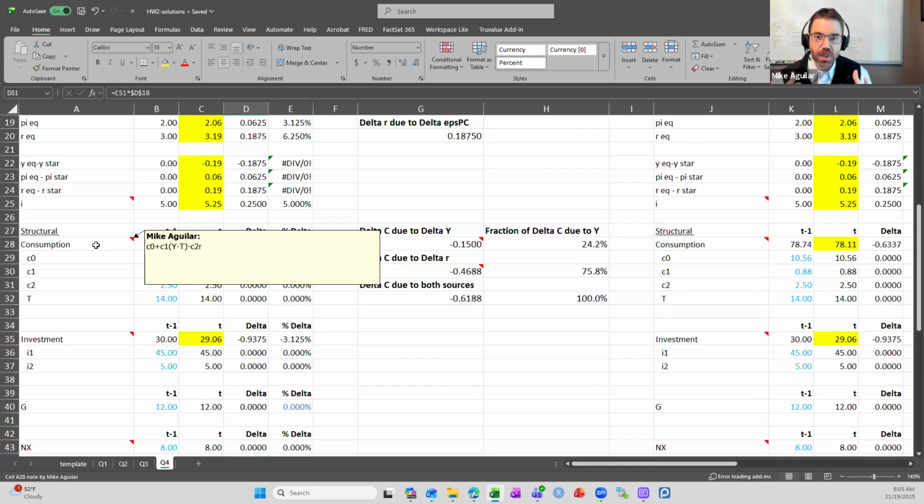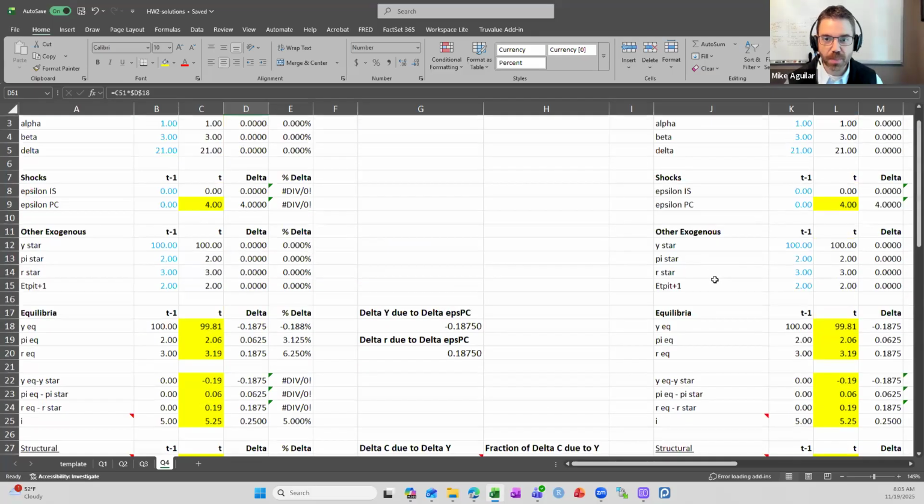C1. C1 is the sensitivity of the consumer to changes in disposable income. Or for my calc people, take the partial derivative of C with respect to disposable income, you get little C1. And we know every partial derivative is like a sensitivity, almost like an elasticity. All right, so now we know what C1 is.